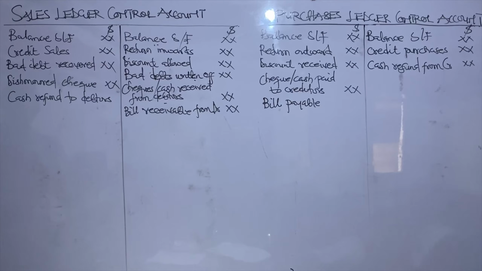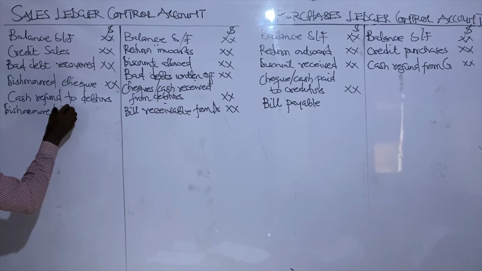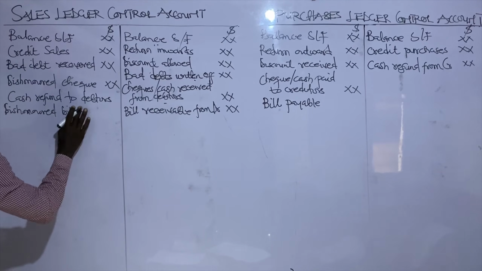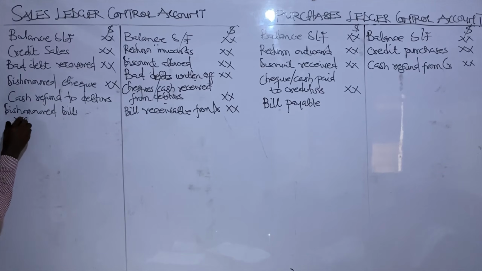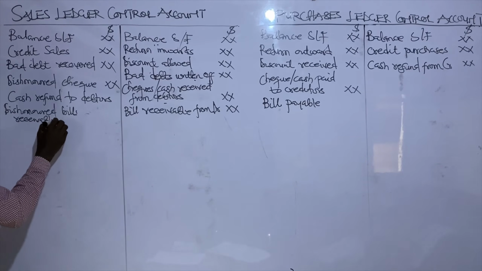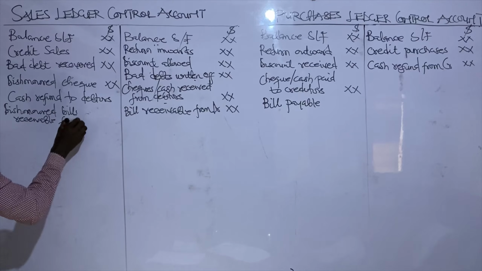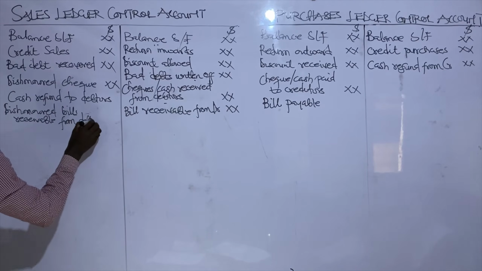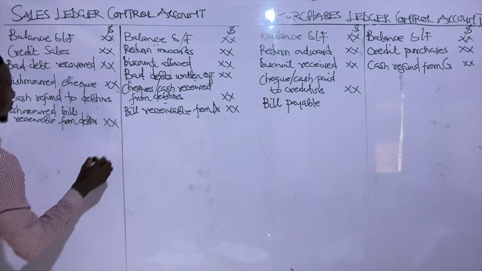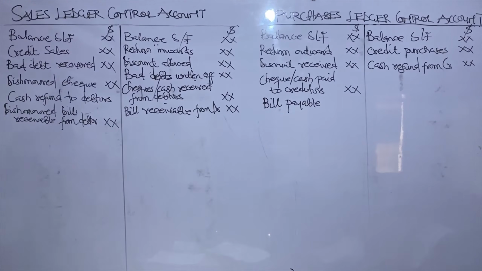So we could have a dishonored bill receivable from debtors. It should be debited. Is that okay?